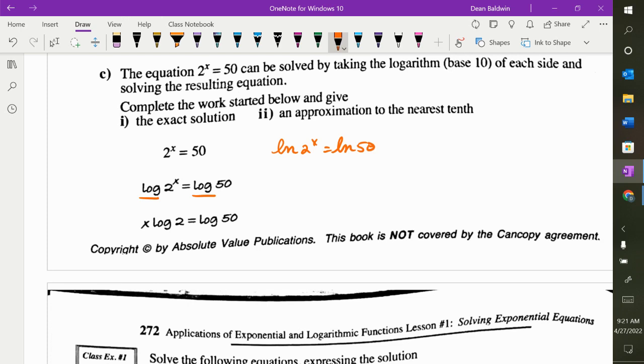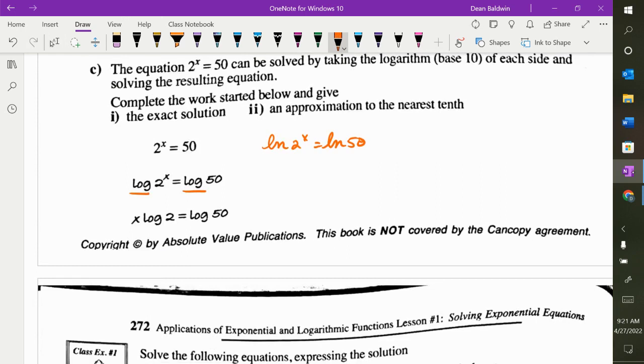All right. Once you've got the log, then I can use the power rule, which says I can drop this exponent down in front. Like that. And that's what they did here. Now, even though it doesn't look like it, this is like a grade 8 algebra problem.